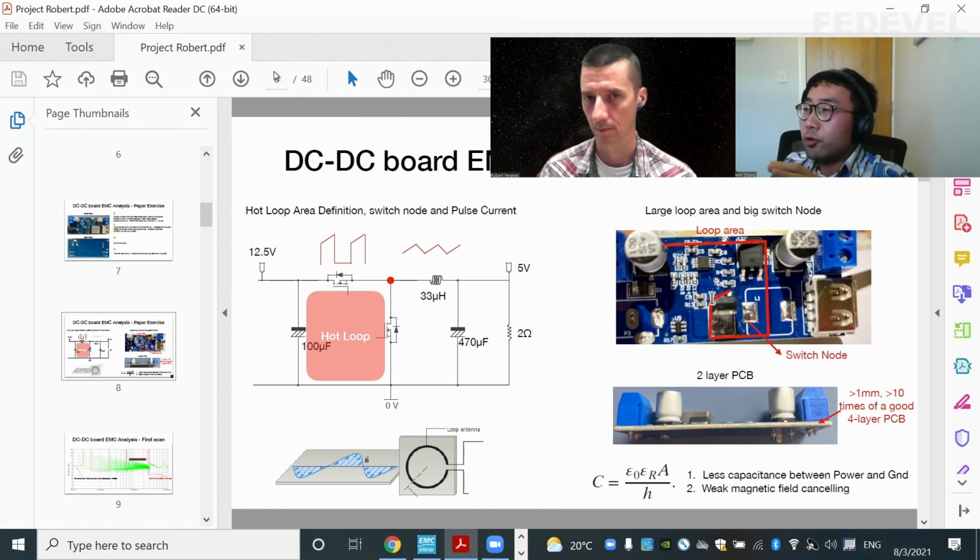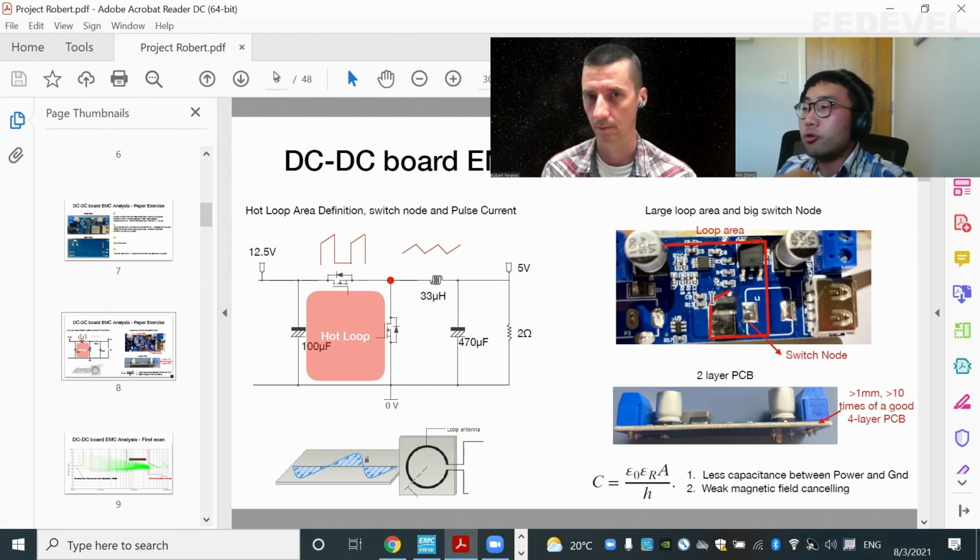That magnetic field will also show on the layer beneath it and induce eddy current. That eddy current, according to Lenz's law, will create another magnetic field that basically cancels out your top magnetic field. So that's why a solid continuous ground plane underneath will cancel out lots of the magnetic field created by this hot loop area.